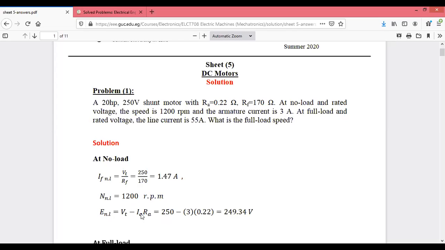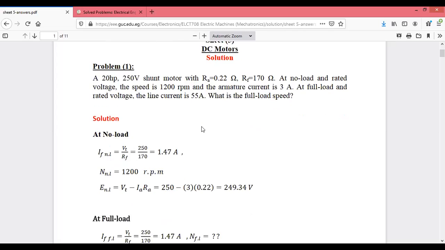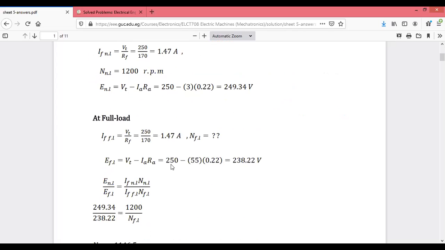In full load only the value of Ia will change, because they have given the current as 55. So 250 minus 55 into 0.22, and when you solve this you will get 238.22 volt.